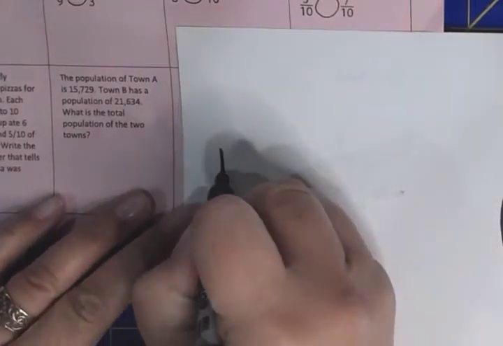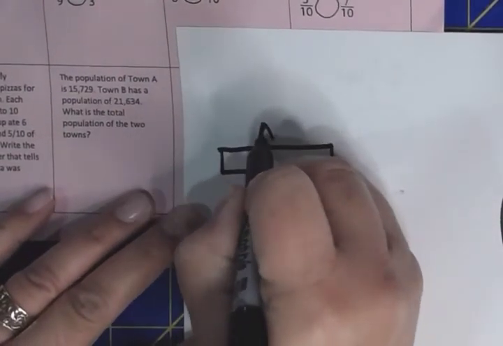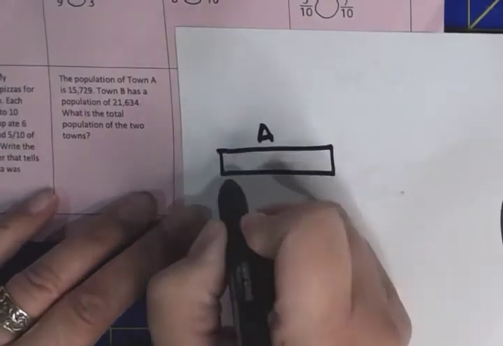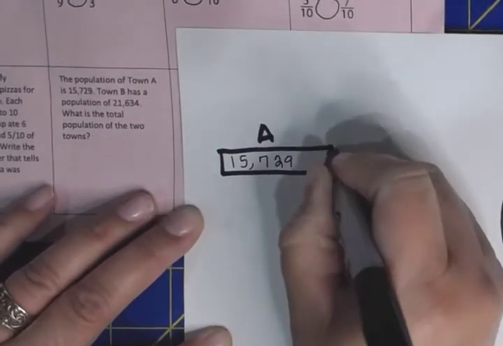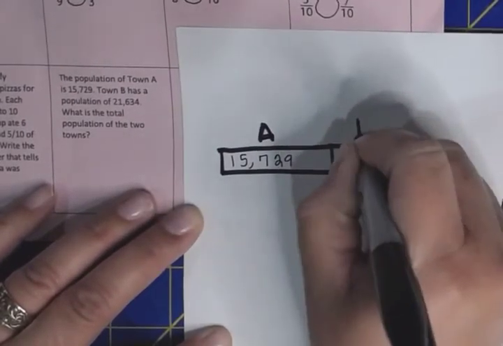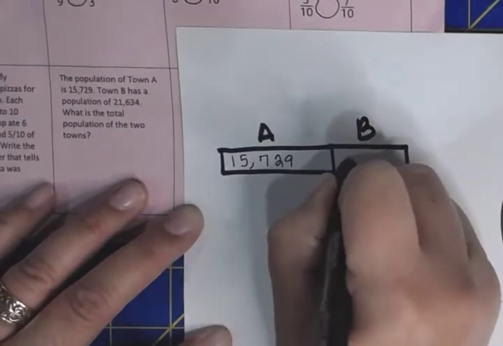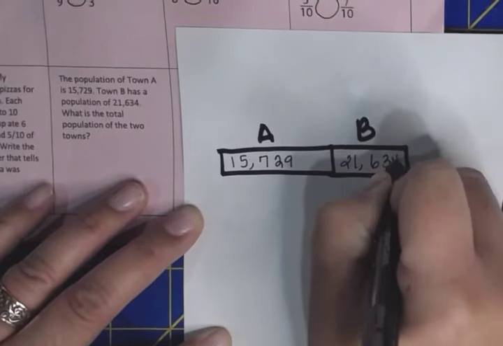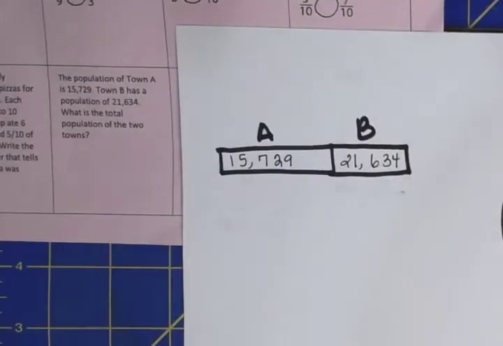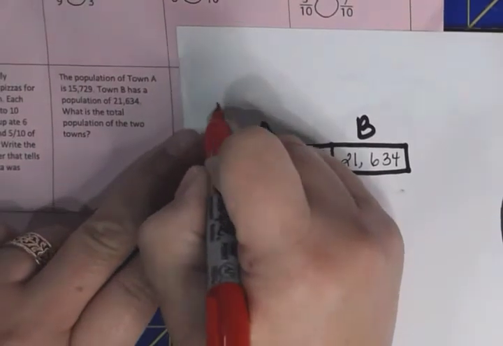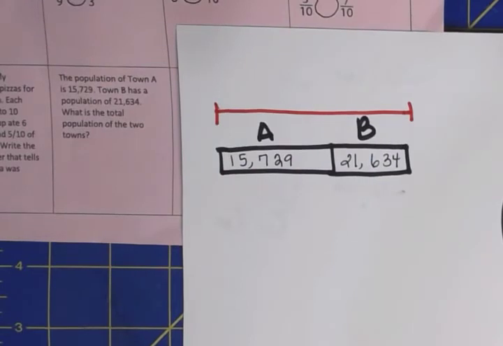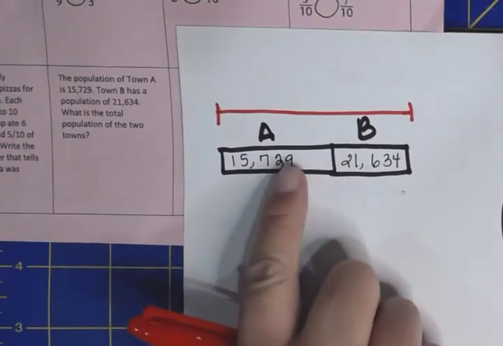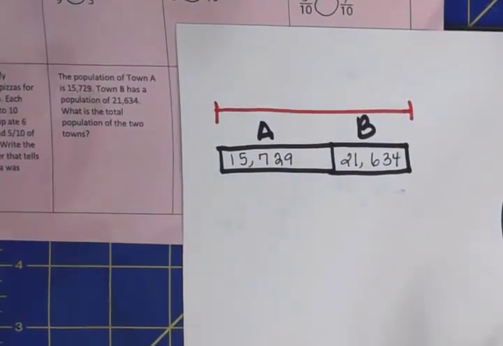You've got Town A with a population of 15,729, and you've also got Town B, with a population of 21,634, and you want to know the total population of both towns. So what would you do to find the value of both of these? That's what you need to think about.